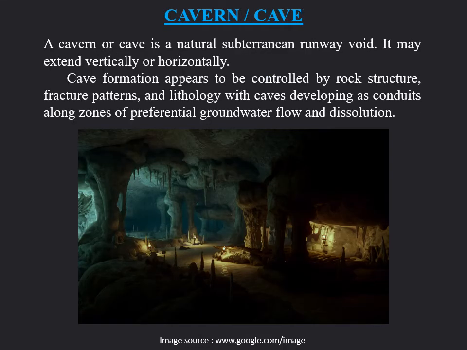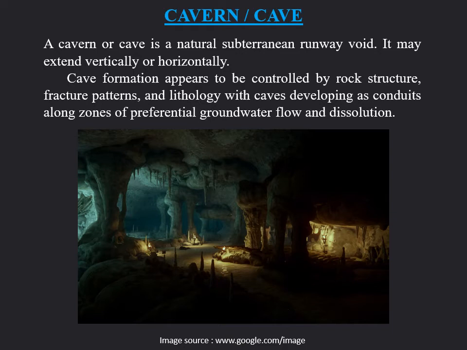The next, and again a very important feature found in nature due to the karst processes, is known as a cavern or cave. A cave is defined as a natural subterranean, or subsurface, passage or void space.